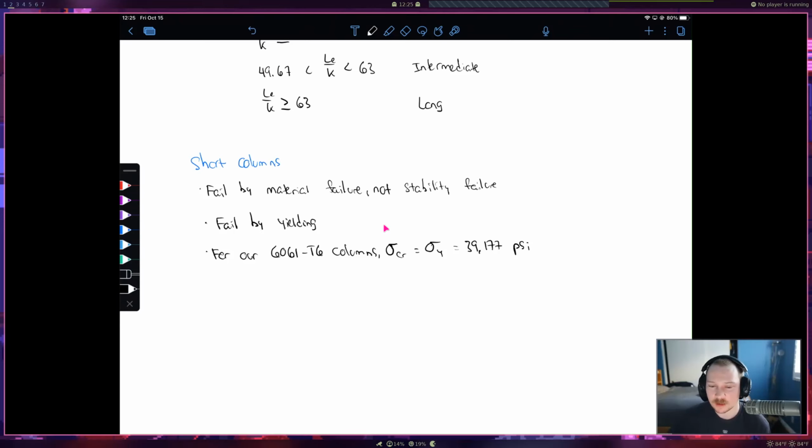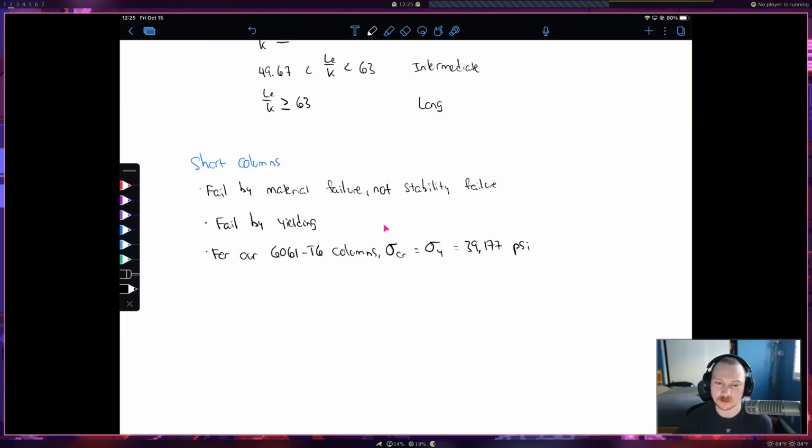But again, this is a kind of crappy approximation, because once we get to our test, we have 12 columns. It might be that maybe 3 columns are classified as a short column. That's an increase in length, and as we increase in length, we know that the critical load or the critical stress should be decreasing.